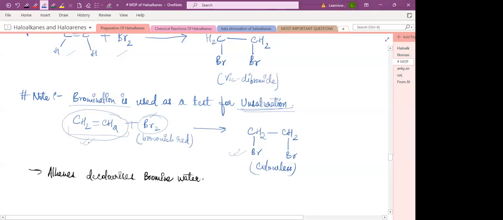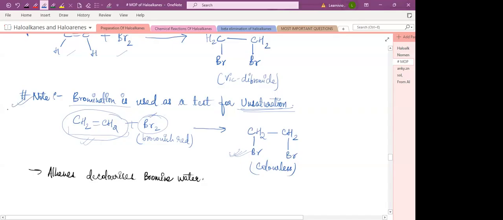So this test is used to test the unsaturation. It is very important to write this down.